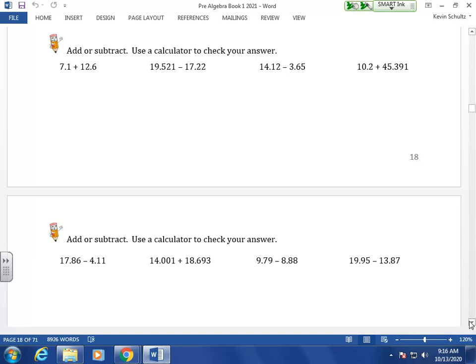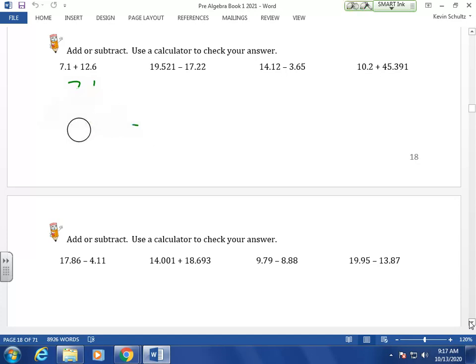When you've got 7.1 plus 12.6, if you write it like this, 7.1 and then 12.6, yeesh, you're going to get the wrong answer, right? Because what you're saying here is that you're going to add 7, which is in the ones place, to the 1 here, which is in the tens place. 7 ones and 1 ten, that's not how we line these up and add vertically, okay?